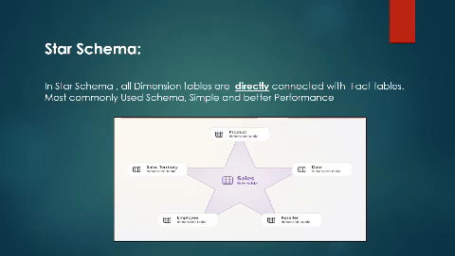In star schema, all dimension tables are directly connected with the fact tables. See, this is the fact table. All dimension tables are directly connected with the fact table. See, like this, all are connected to the fact table.